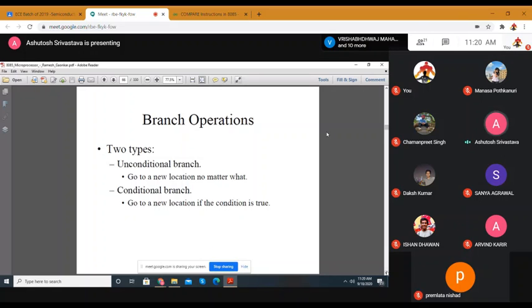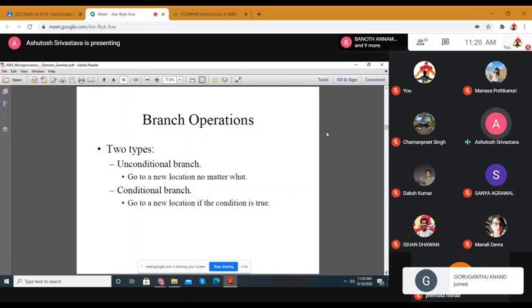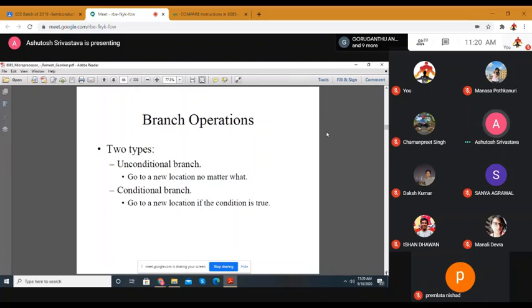Now, instead of the next instruction being line 7, if you want it to change to say the 11th or 12th or 15th, you would use such operations. These kinds of operations are the conditional and the unconditional branches.